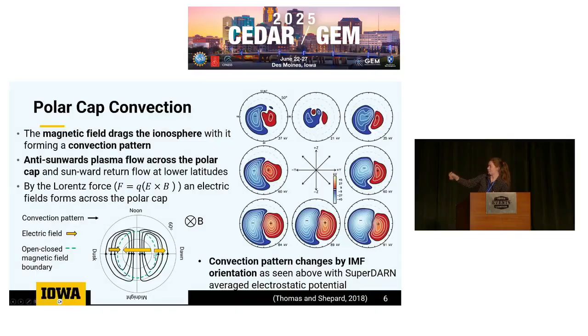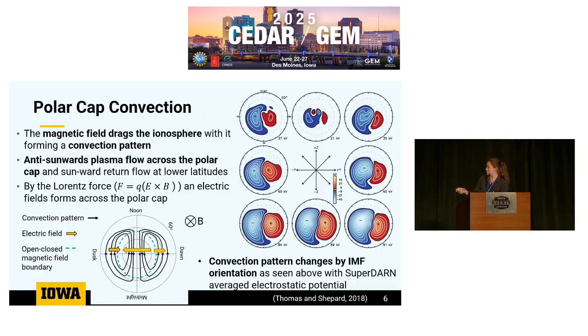As the Dungey cycle pulls all that plasma across the cap, it's dragging the ions along with it. So we have this anti-sunward flow across the middle of the polar cap, and then we have a return flow at lower latitudes.